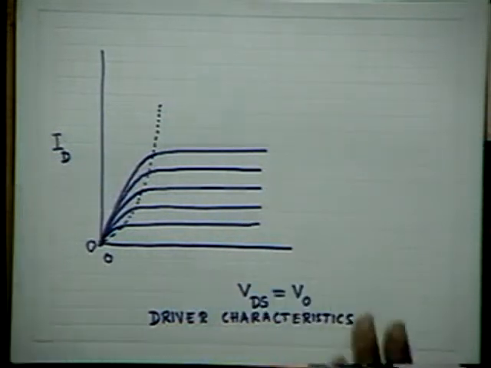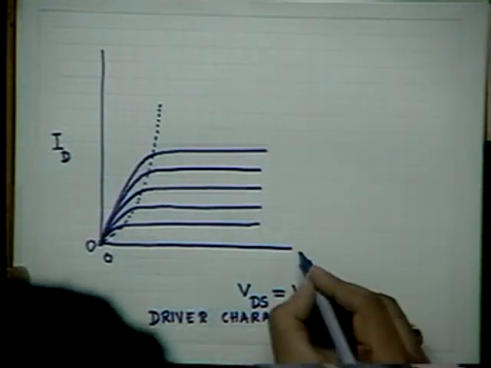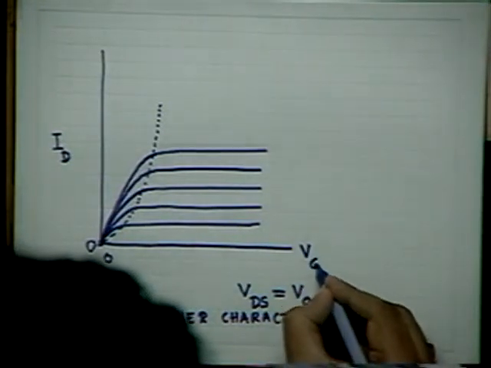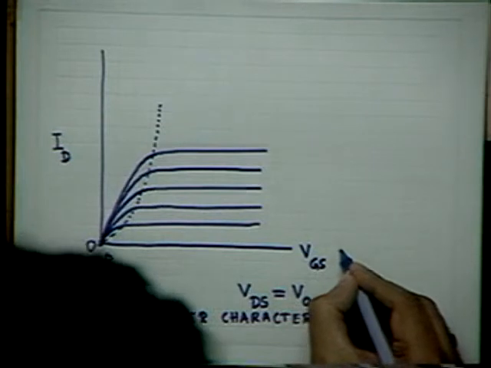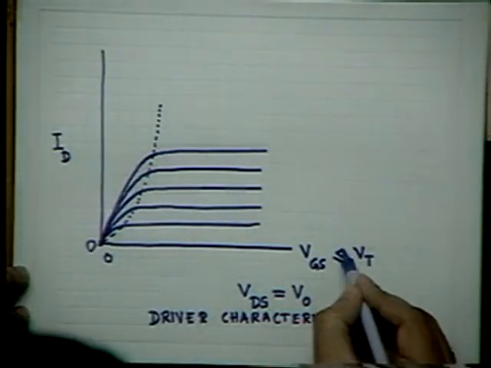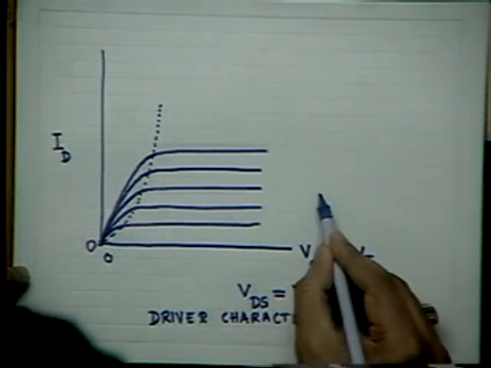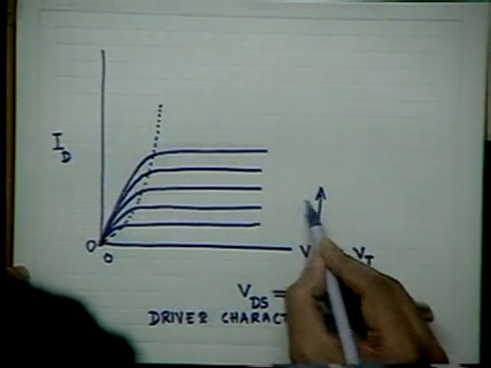Etc. Because the driver is always enhancement mode, so naturally this one will apply for VGS less than or equal to VT, and then this is for gradually increasing values of VGS.